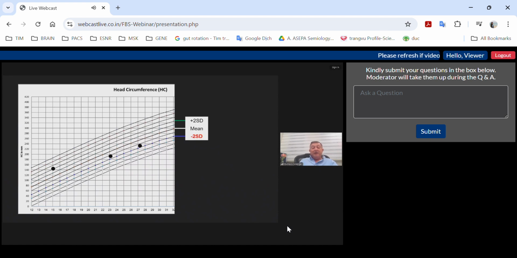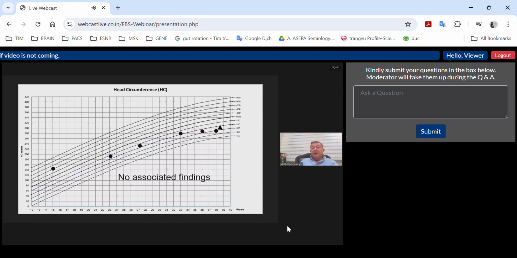Now, following the problem I spoke about, if you perform an examination during the second trimester, the head circumference can be completely normal. As you see in this case, the head circumference is growing and is normal, not below -2 standard deviation, but as pregnancy continues there is a plateauing in the growth, and this is the head circumference after birth.